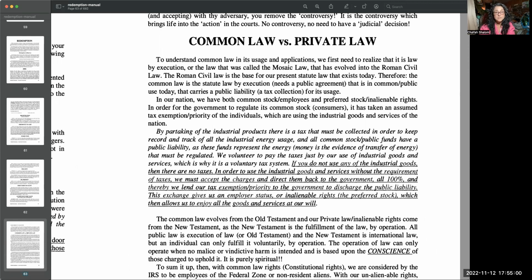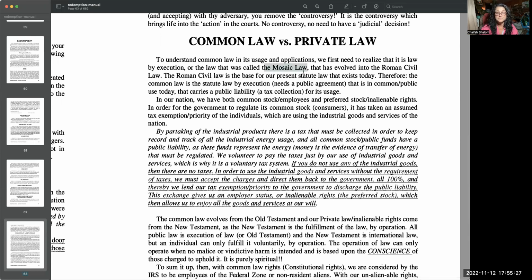To understand common law in its usage and applications, we first need to realize that it is law by execution. Not like by killing anybody, but by them doing it, they're executing. Or the law that was called the Mosaic Law.